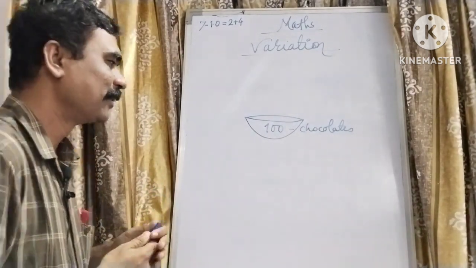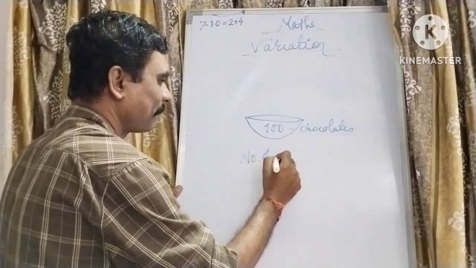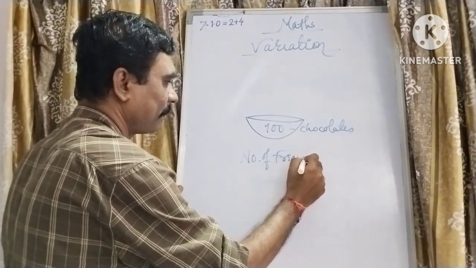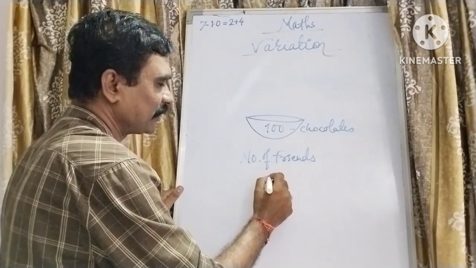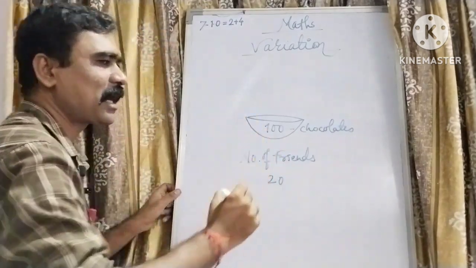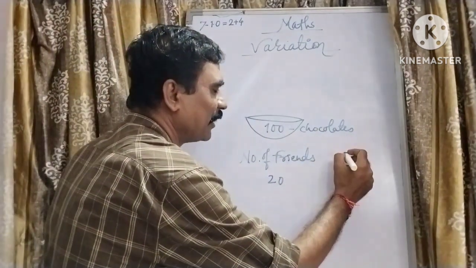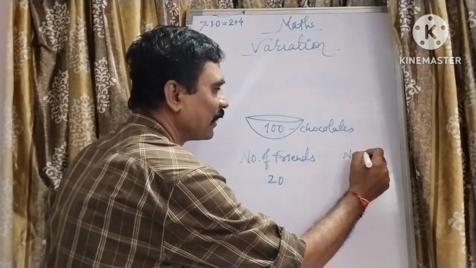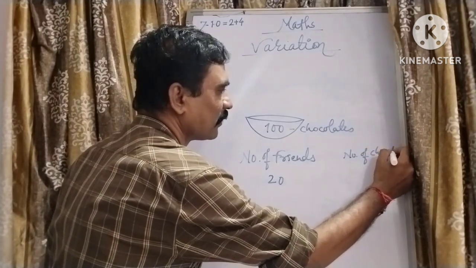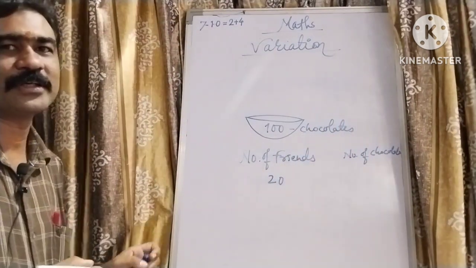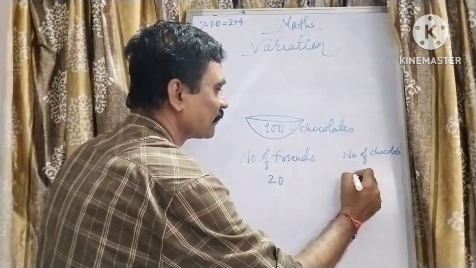Suppose the number of friends is 20, there are 20 friends, then each friend will get how many chocolates? So each of your friends will get 5 chocolates.